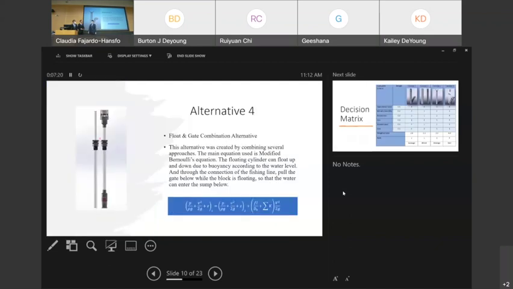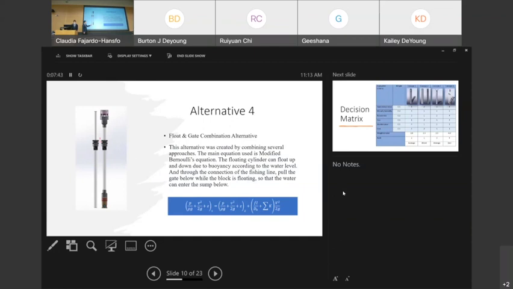And next is our last alternative, the float and gate combination alternative. This comes from a combination of several approaches. The purple one on top is a floating cylinder, and the green one on the bottom is the gate inside the pipe.